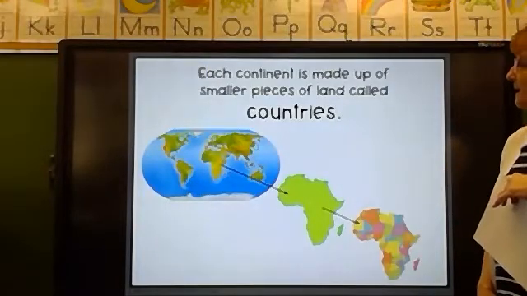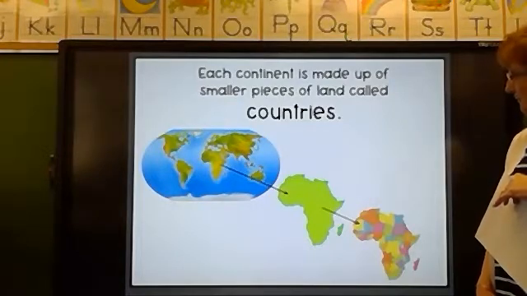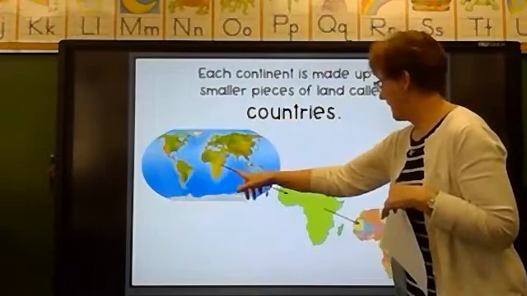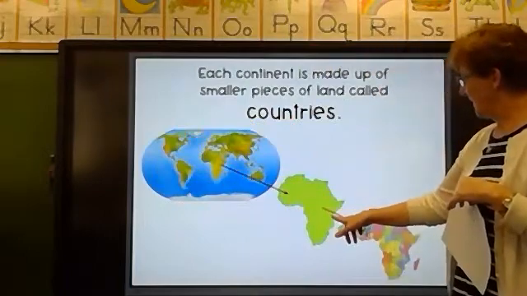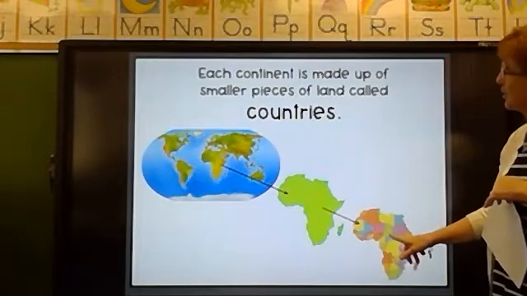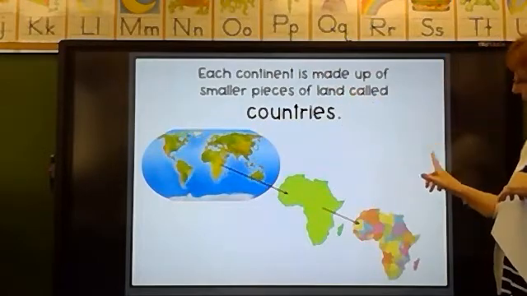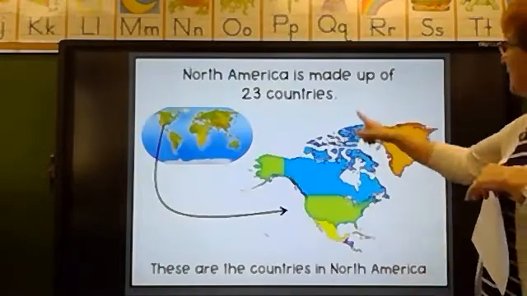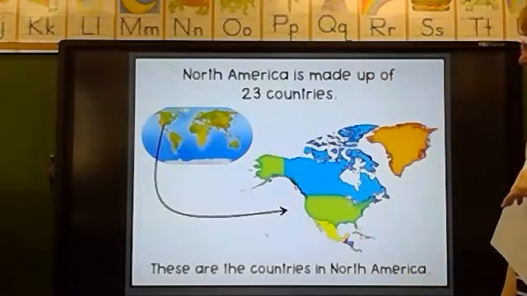Each continent is made up of smaller pieces of land called countries. Okay, so each continent, here we are on planet Earth. North America is made up of 23 countries.